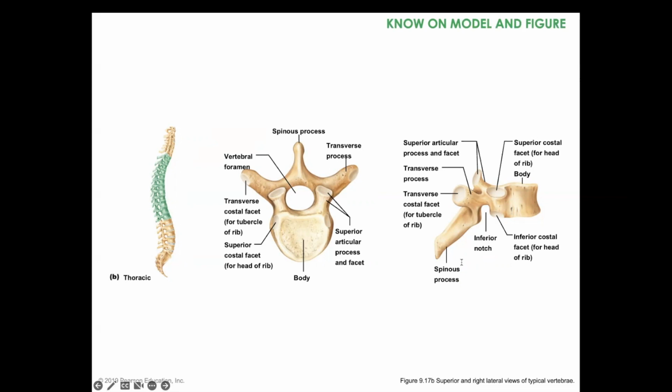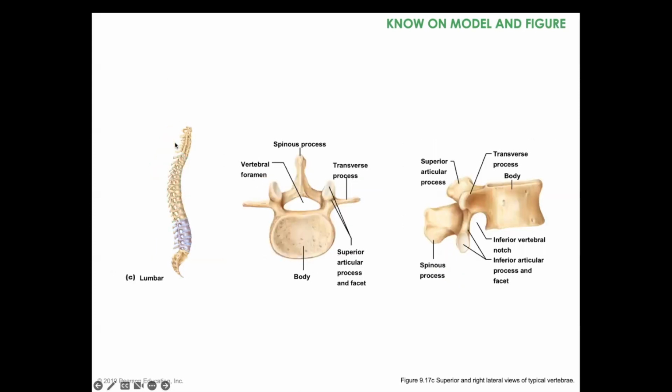It kind of looks like the head of a giraffe, with the spinous process being the mouth, the transverse processes being the ears, and the body being like the main head. So yes, thoracic vertebrae, think of a giraffe, thicker body, no longer see the transverse foramen, and a long and skinny spinous process.